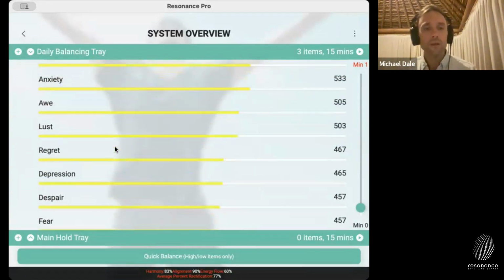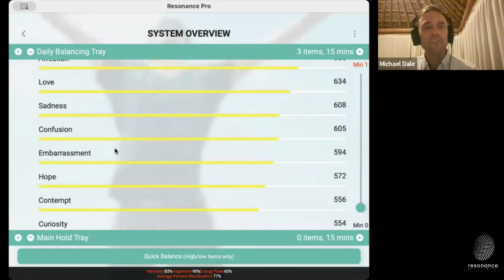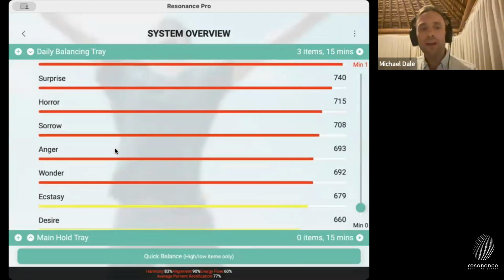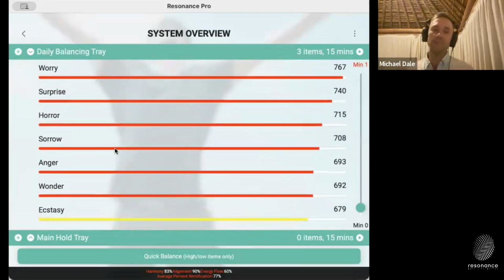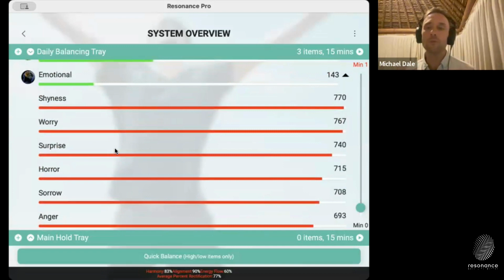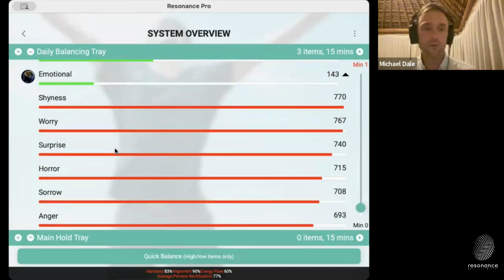So this is where the levels may be quite helpful, but again, not to be taken too much on board, not to be over-identified with. It's important to remember this is our voice analysis and it's giving us information, but we're also using our own awareness of where we are in our lives and what we're actually focusing on.